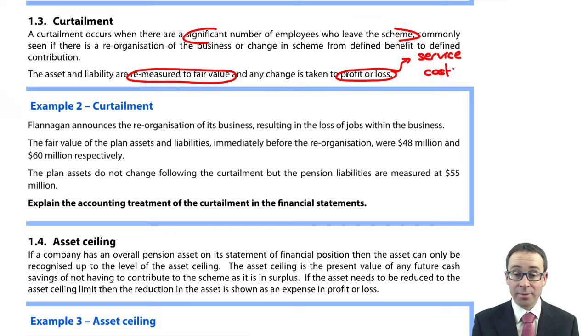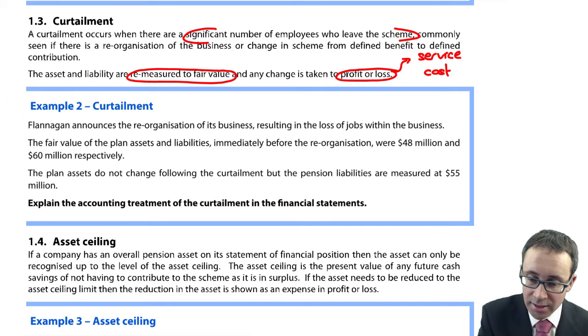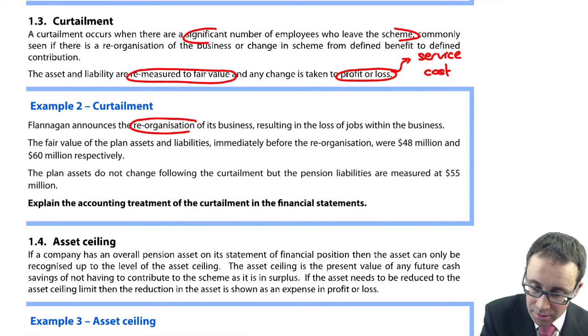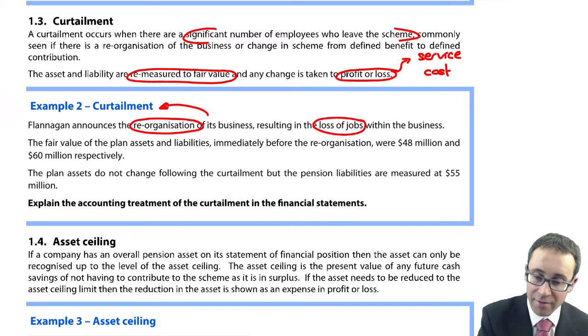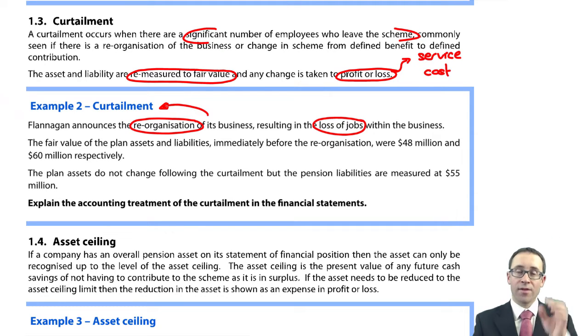So it says here, explain the accounting treatment of the curtailment in the financial statements. Flanagan announces the reorganization of its business, resulting in the loss of jobs. Those two things combined mean that you have a curtailment. If that's the case, you need to remeasure the assets and liabilities to fair value, and any changes go immediately to profit or loss like a service cost.